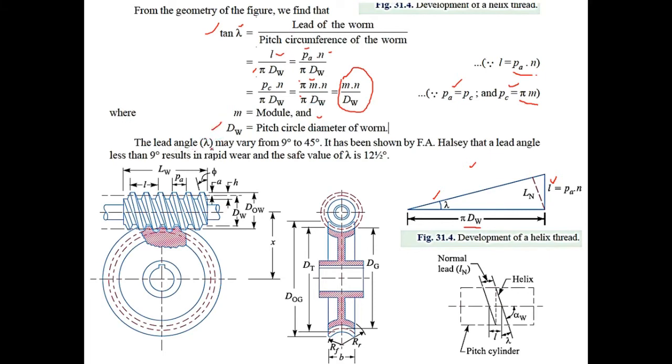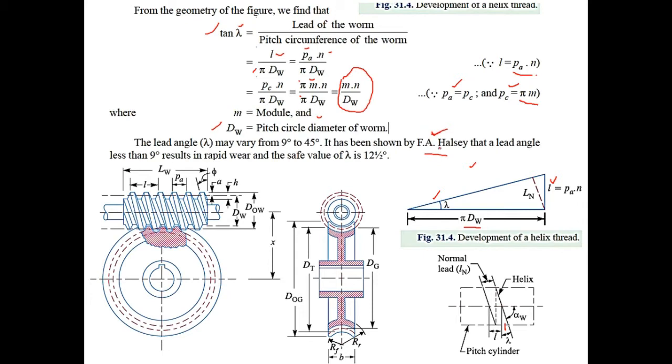The lead angle may vary from 9 degree to 45 degree. So it has been shown by F.A. Halsey, who has done a lot of work in the field of worm gear and other gear design.